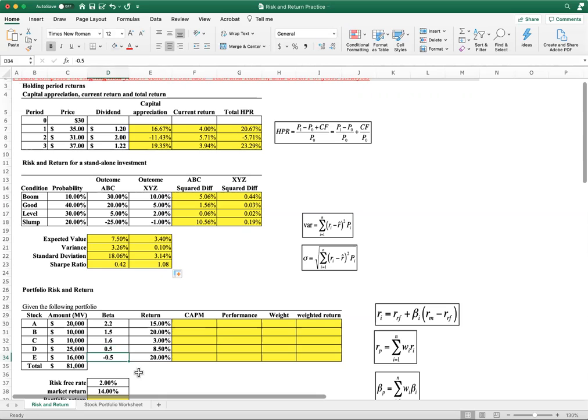It means if the market goes up 10%, the stock will actually drop 5% because it's negatively correlated with the market. So the bigger the absolute value, I repeat, the bigger the absolute value of beta is, the more volatile the stock is, or the higher the volatility is, where you will see the variance or standard deviation being higher.